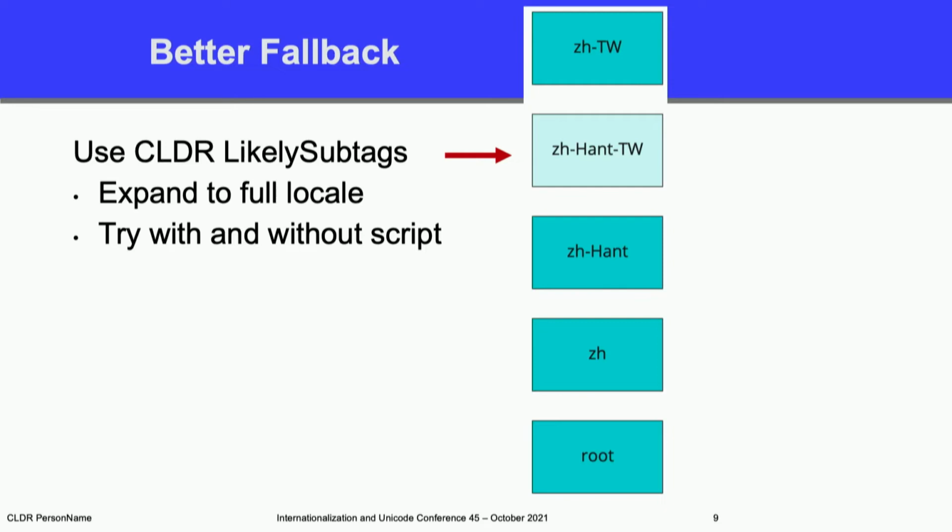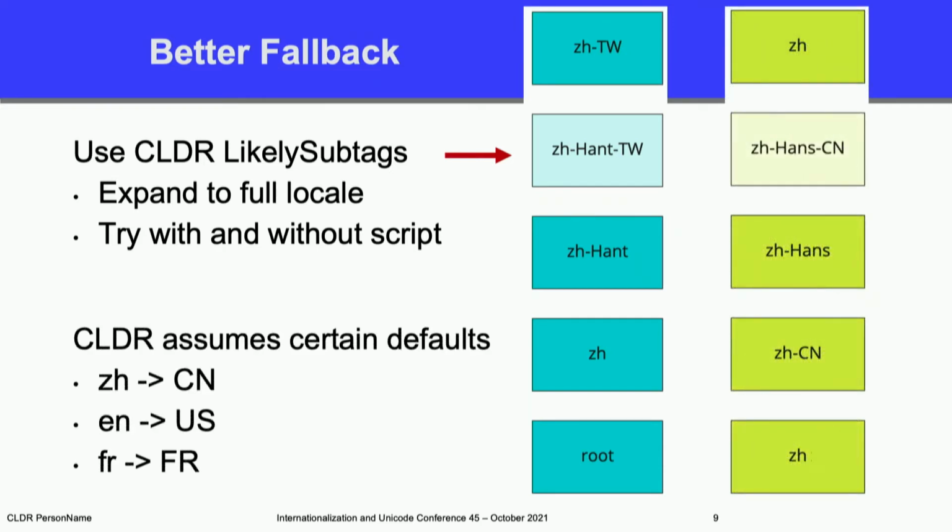So now I start with zh-Hant-TW. Then I can do the fallback if I don't have that. Look for Hant if I don't have that. Then the mechanism still will go back to Chinese and the root. But at least it knows what the likely subtags are.